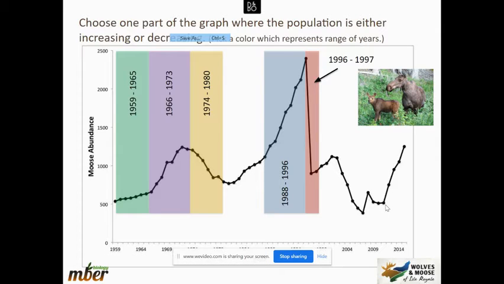Why would there be no increase and no decrease? What would be happening? If an increase means more are surviving and more are having babies, and there's a plethora of these moose living and thriving, and a decrease means that they're dying, what happens if it's a straight line? I want you to think about that.